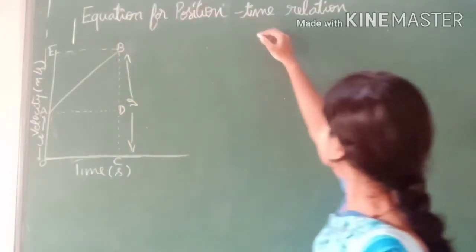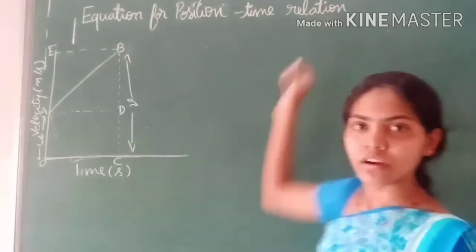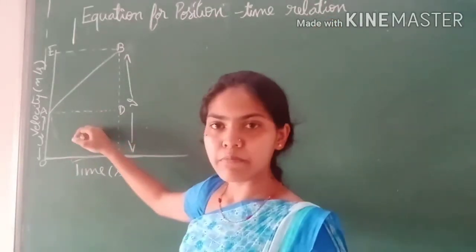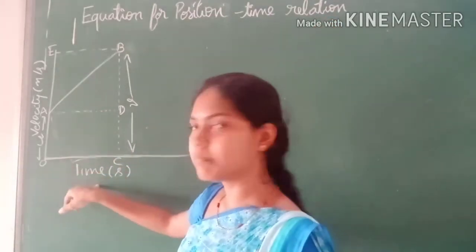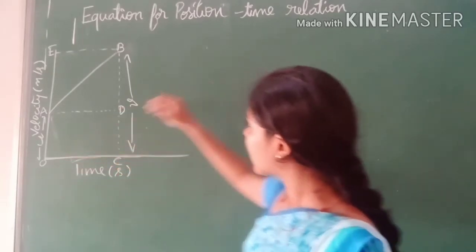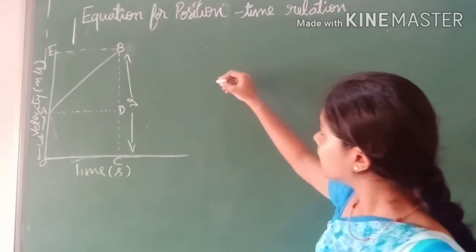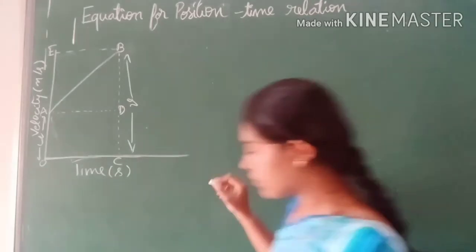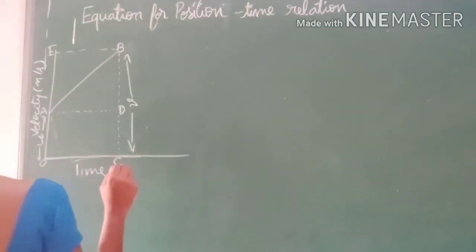Equation for position time relation. Consider the same graph, velocity and time. Here I want to find the position, I want to find the distance traveled by the object.